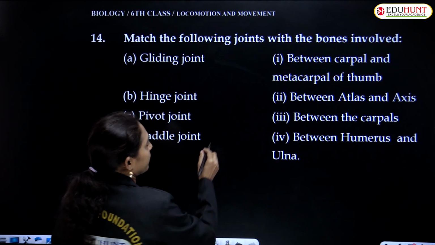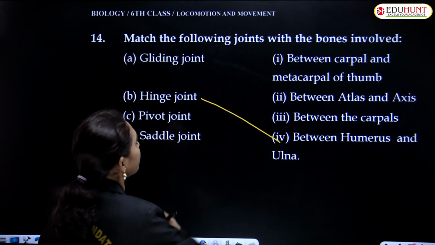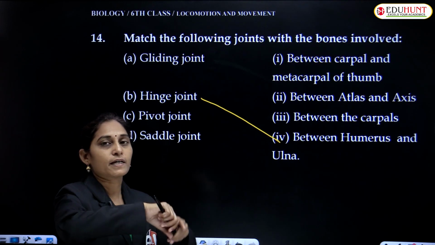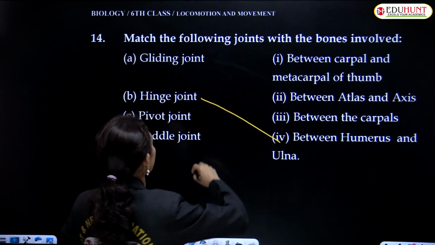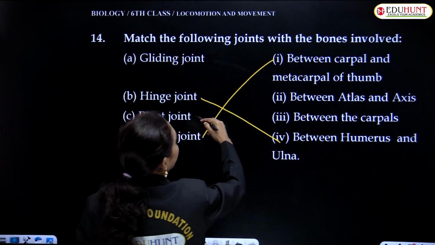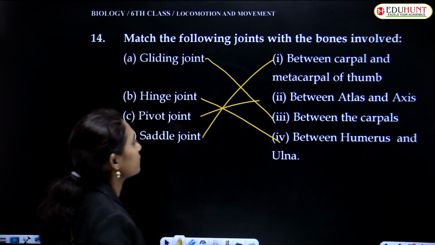Identify the hinge joint first, and then saddle joints are present between the carpals and the metacarpals. Okay, saddle. Pivot joint between axis and atlas, and gliding joint between this one.